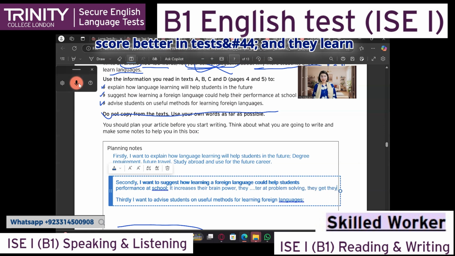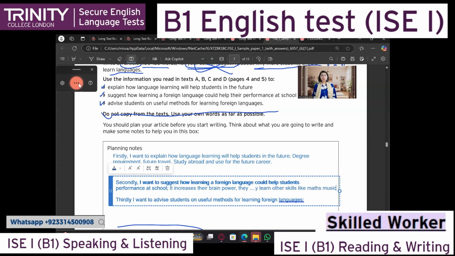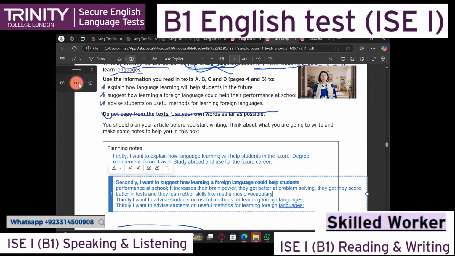They score better in tests, and they learn other skills like maths, music, vocabulary, and reading.